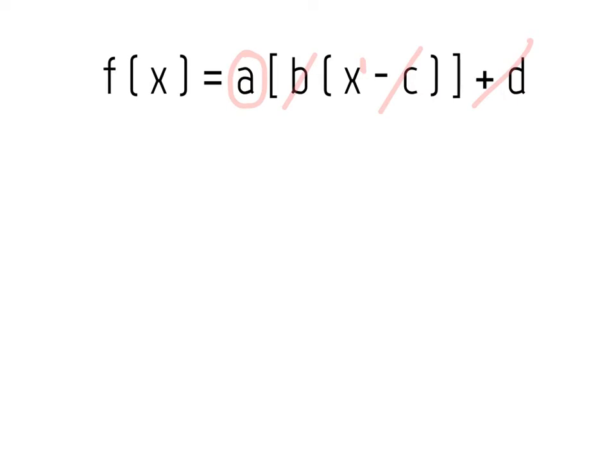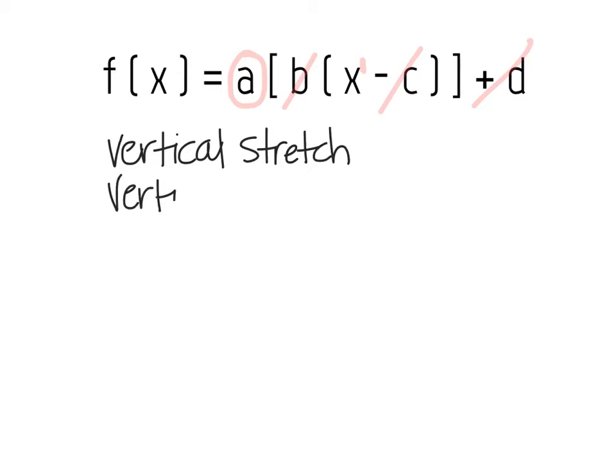And if you remember from what we talked about, that did a few things. An A transformation can do a vertical stretch, a vertical compression, and a reflection over the y-axis.